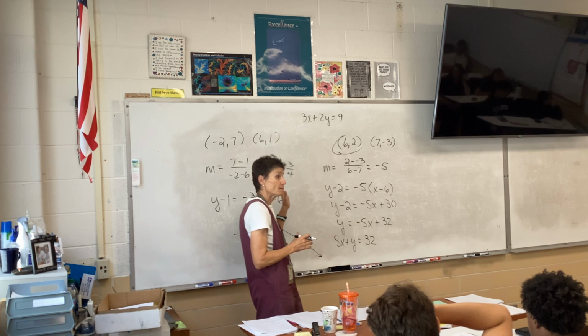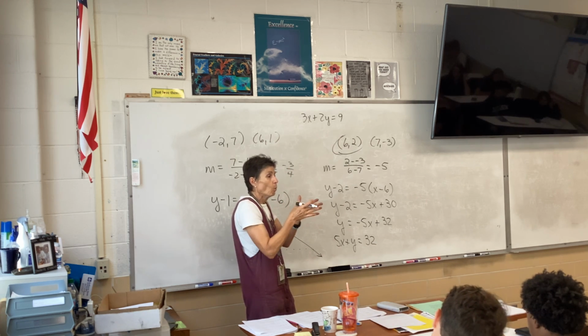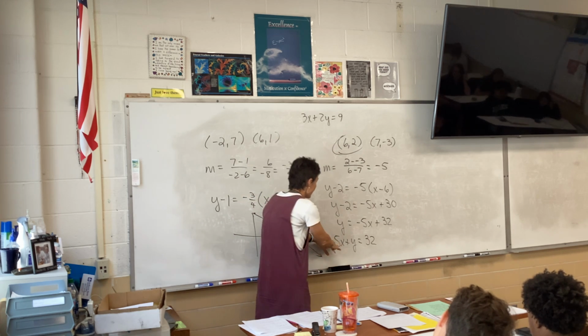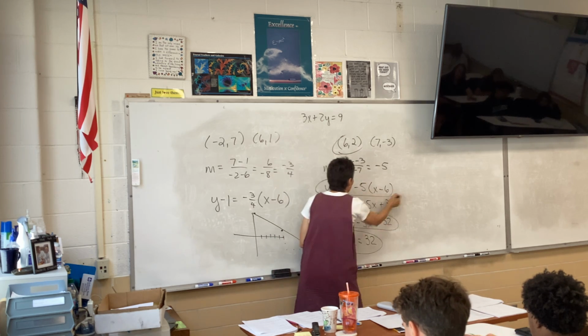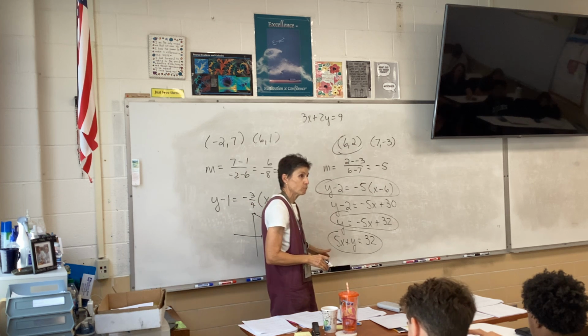Yes. Procedurally, you're writing the equation of a line. What is different is how you're presenting your answer. This line and this line are all exactly the same line. We just have it in 3 different forms.